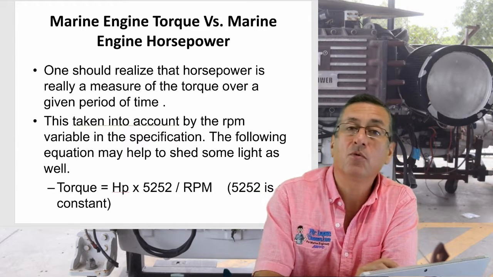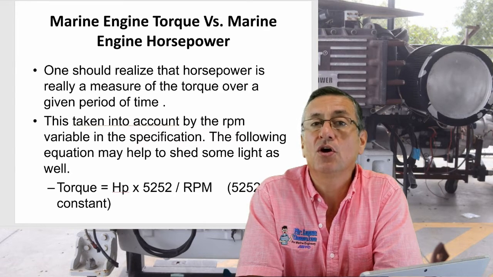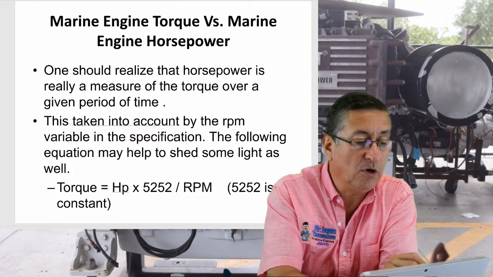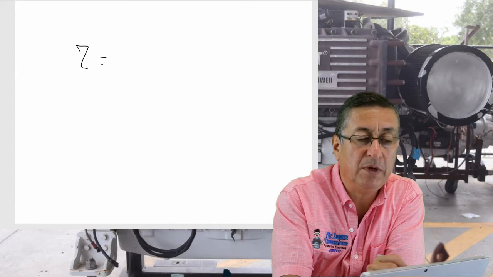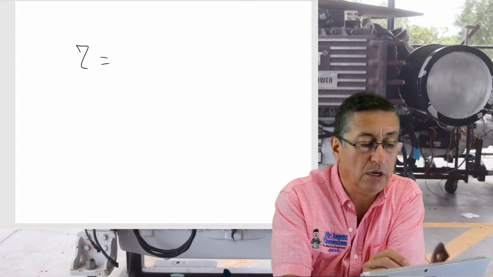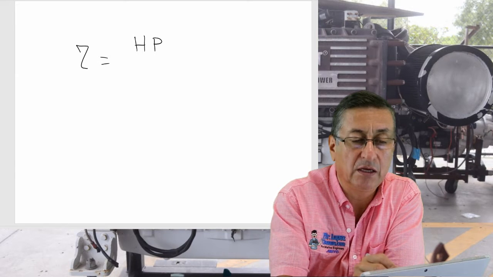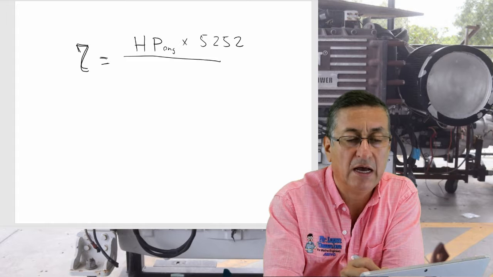And this is the magic formula that we are going to use in the future in order to convert torque into horsepower. It's easy. The formula states that the torque should be equal to the horsepower of the engine times the constant 5252, and divided by the engine RPMs.